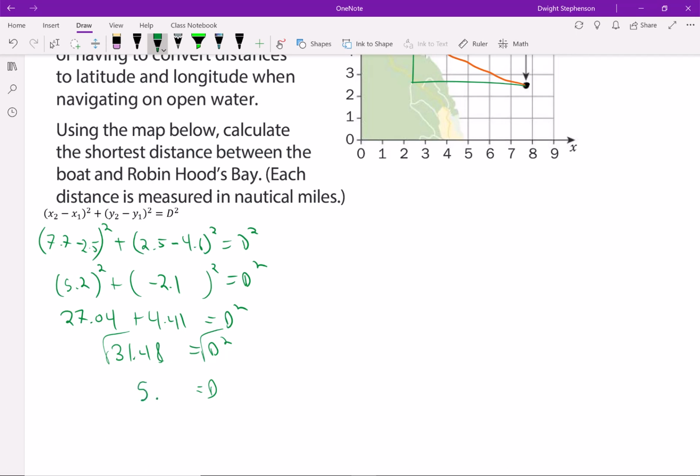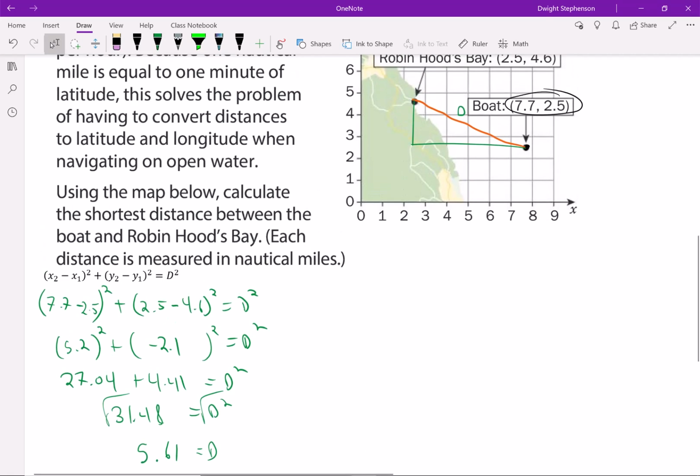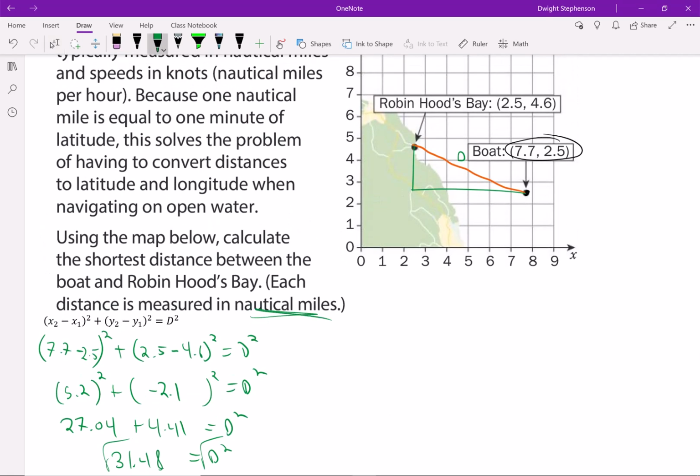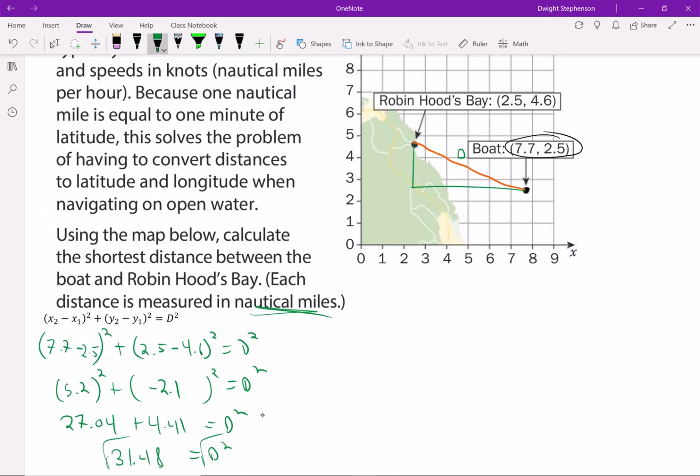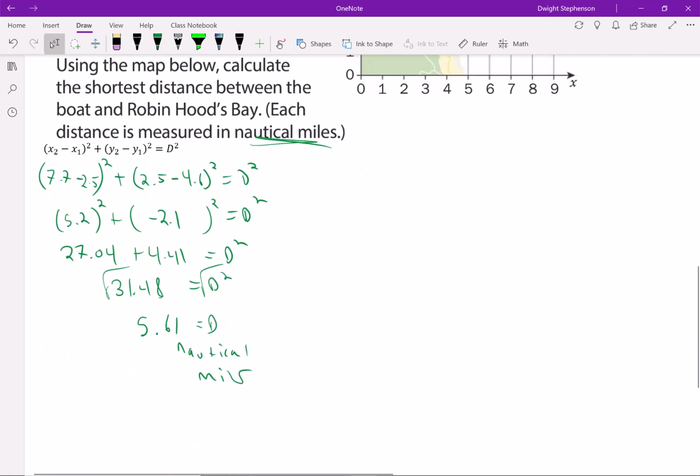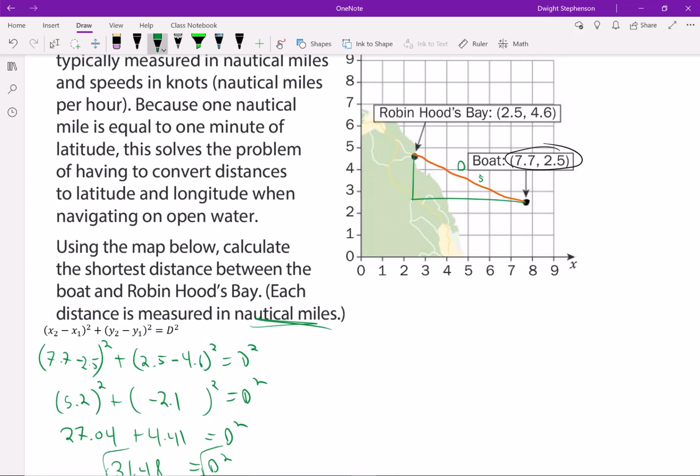Here we get 5.61. And then we want some units on this. It's nautical miles. This is 5.61 nautical miles. All right, so that's this distance. It's 5.61 nautical miles, right? You've successfully found it.